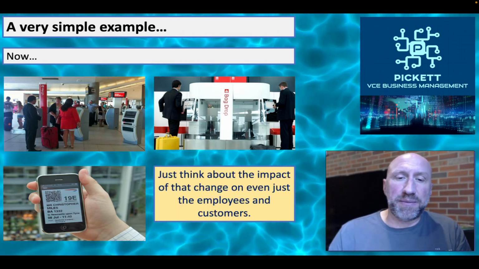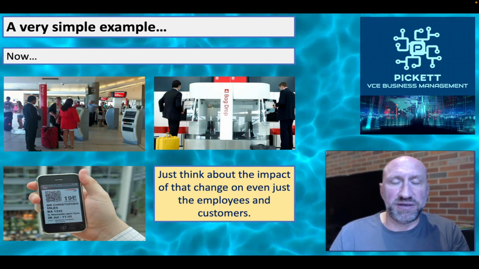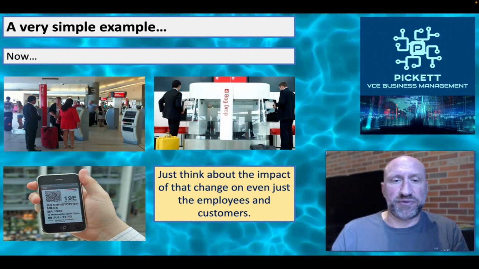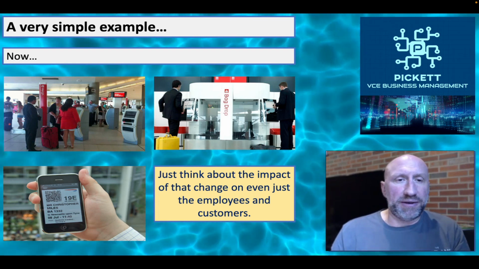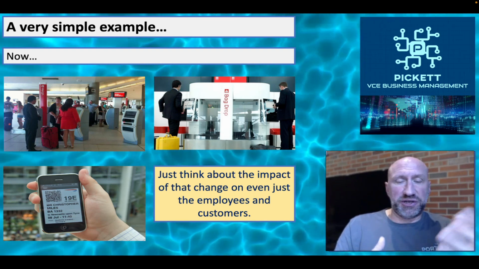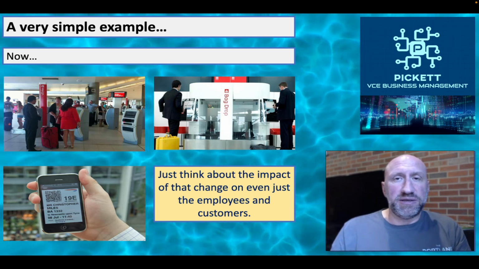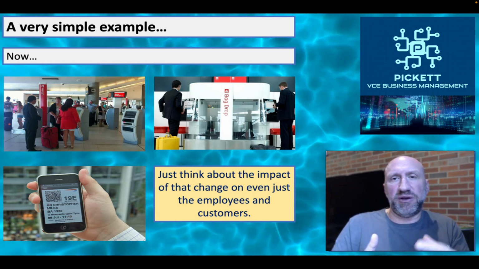Just think about the impact of that change on even just the employees of the airlines and the customers. Big change for both groups. And this is what we're talking about here, making sure we're aware of the changes that these groups are going to go through so that we can minimize any negative ones perceived by either group.